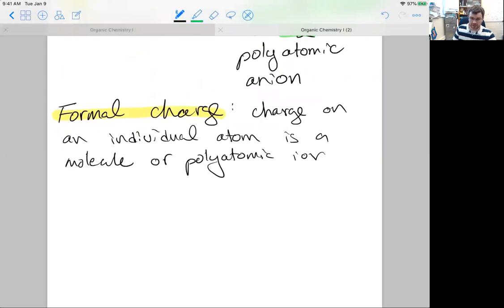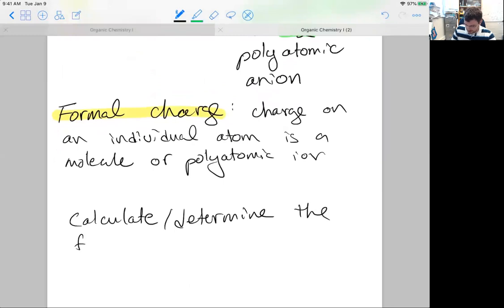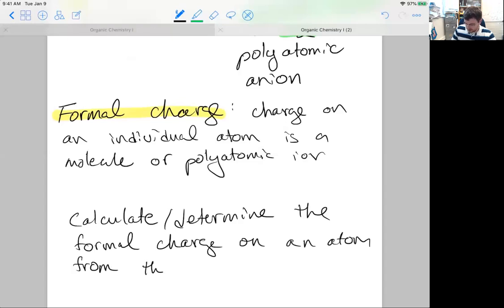What I want us to be able to do is calculate, and it's not too difficult, you can do it without a calculator, or maybe determine is a less intimidating word, the formal charge on an atom from the structure.